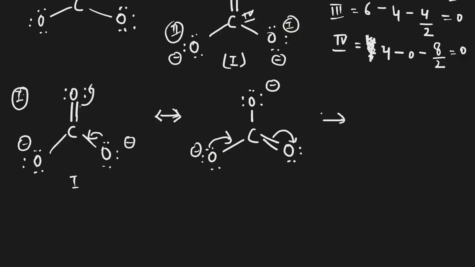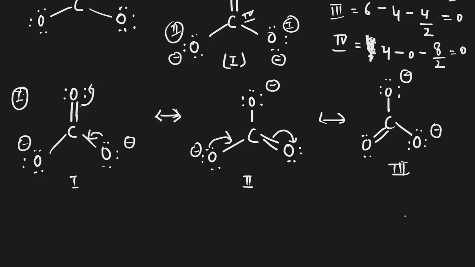Then we will have another structure, this is structure number 2. So we can also have another structure which will look like something like this, 1, 2, 3, 4 minus, and this oxygen 1, 2, 3, 4, 5, 6 minus, and here double bond oxygen 1, 2, 3, 4. Okay, this is the third structure.